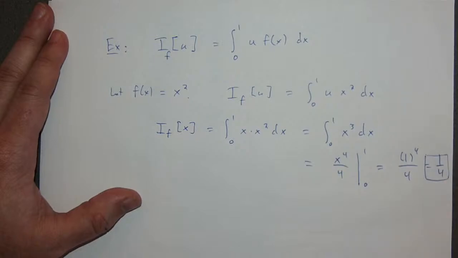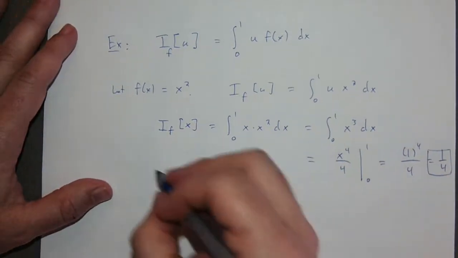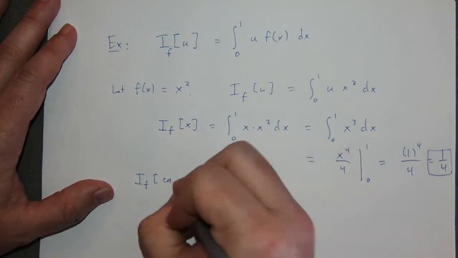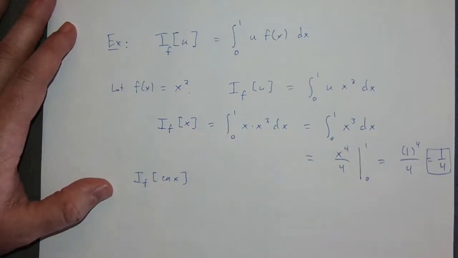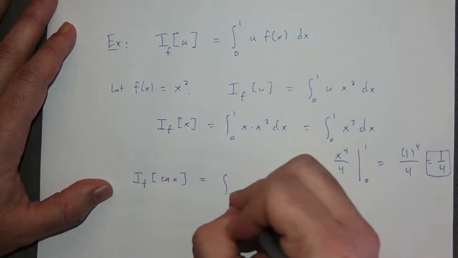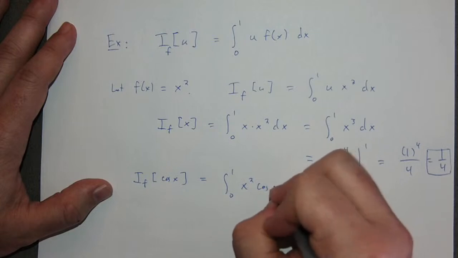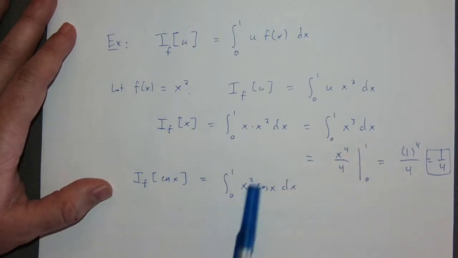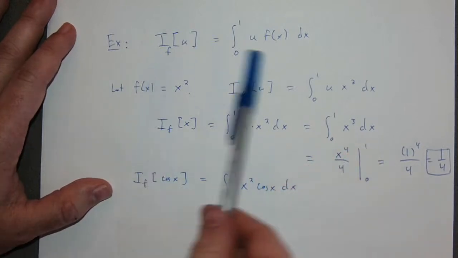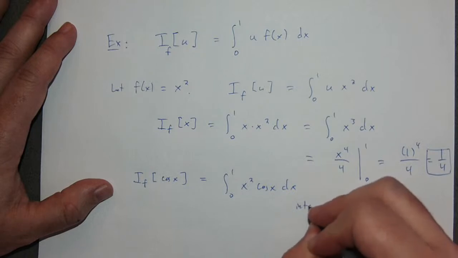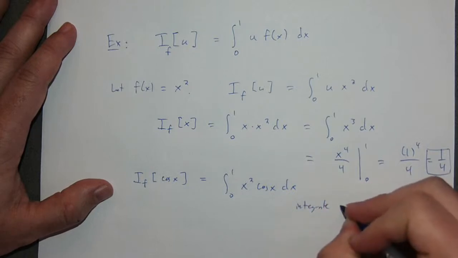But what if I plugged in something else, say cosine of x? Well, this would now be the integral from 0 to 1 of x squared times cosine x dx. The x squared is still there because that's my fixed function f, but now it's cosine x. To do this integral, I would need to integrate by parts, and I'm not going to do that right now.